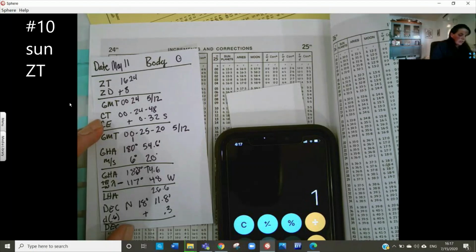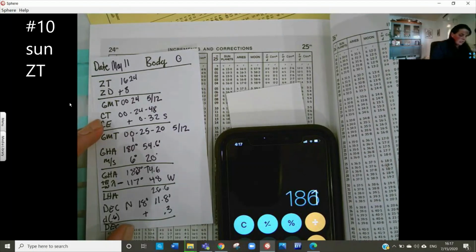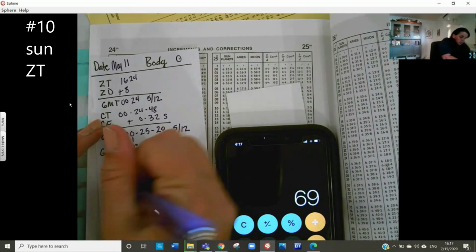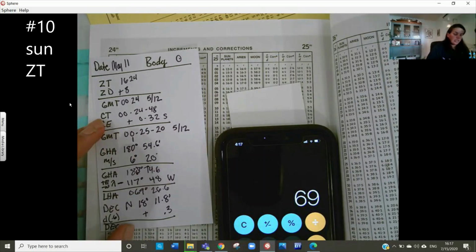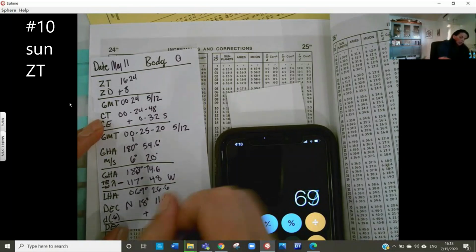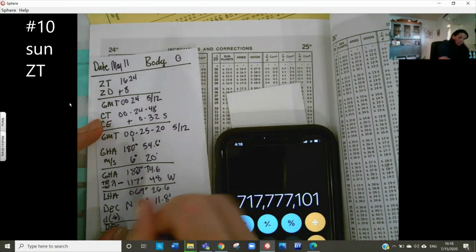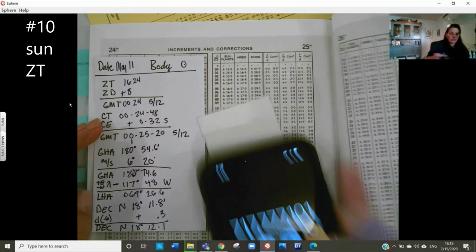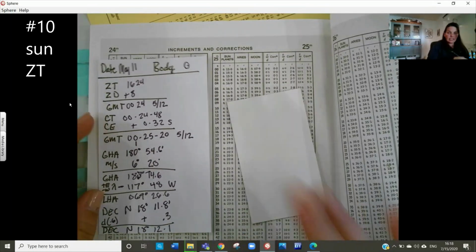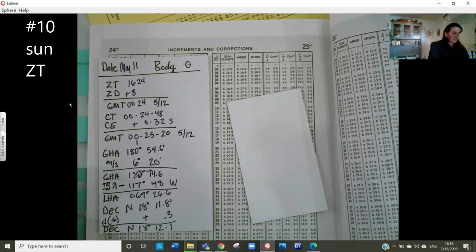And then I have 186 minus 117 gives me 069 as my LHA. Declination, I have 11.8 plus my 0.3, so I have 12.1, 18 north. And that is our last problem, number 10.